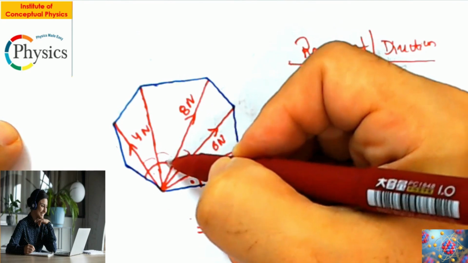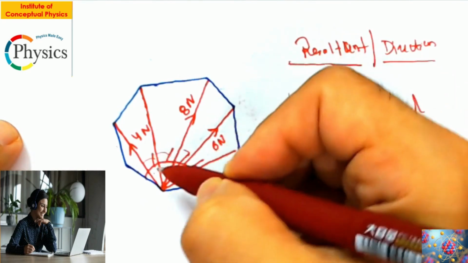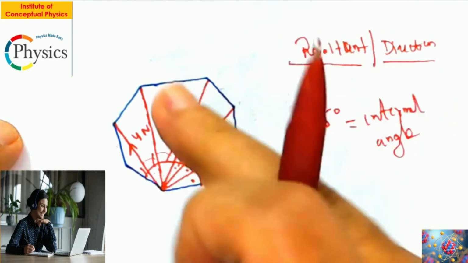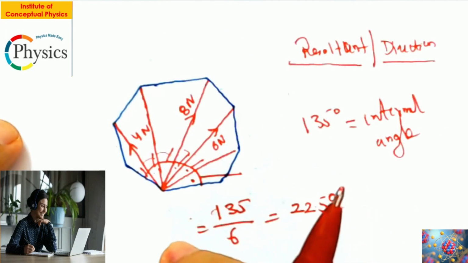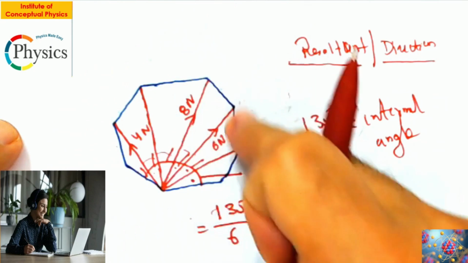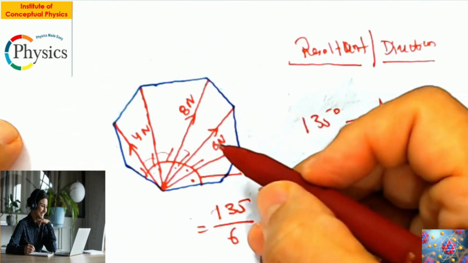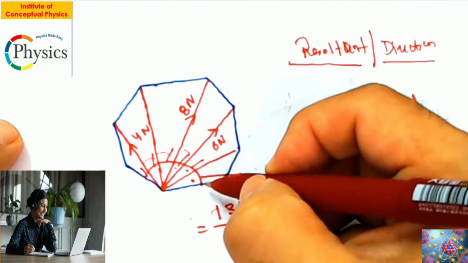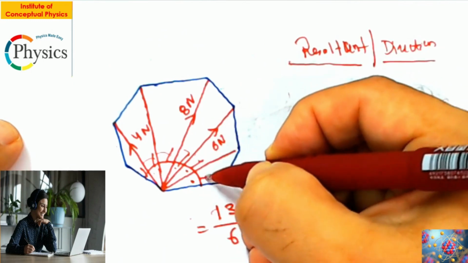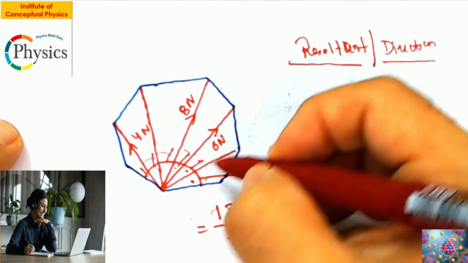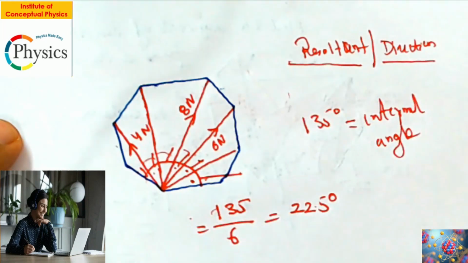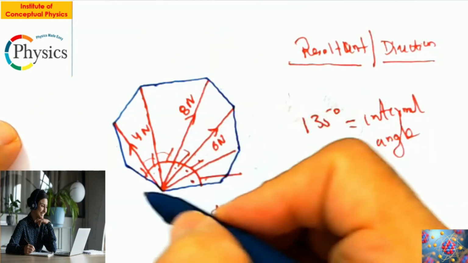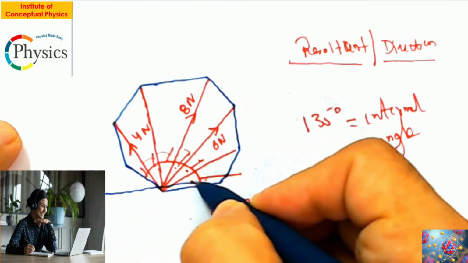So let's look at 6 newtons, and let's count the total number of subdivisions of this 135 degrees. We have 6 subdivisions, and we have already divided it by 6. So 6 newtons is at an angle of 22.5 plus 22.5 with respect to horizontal.